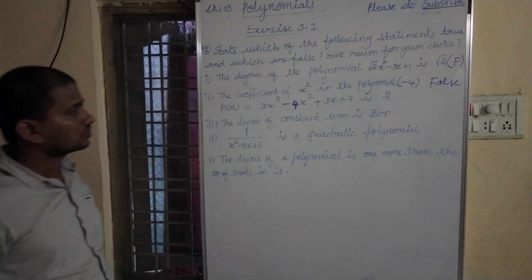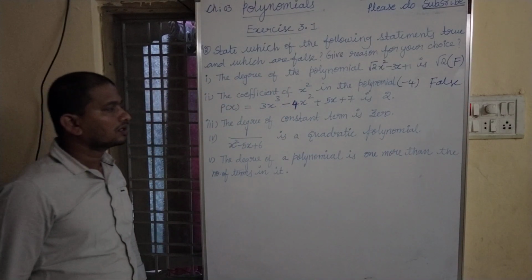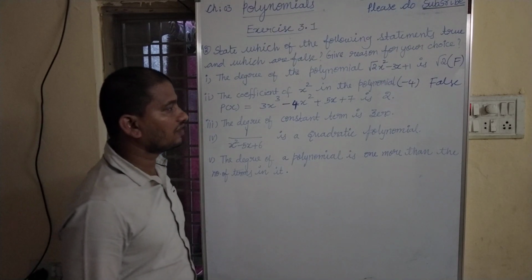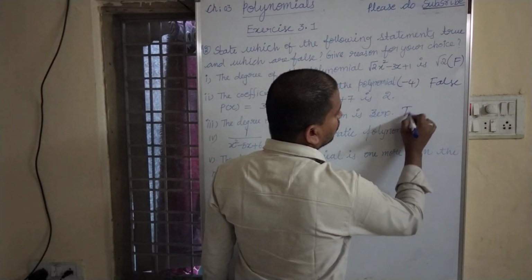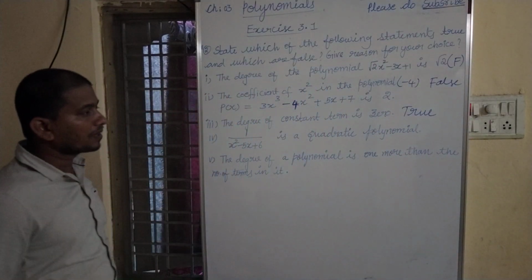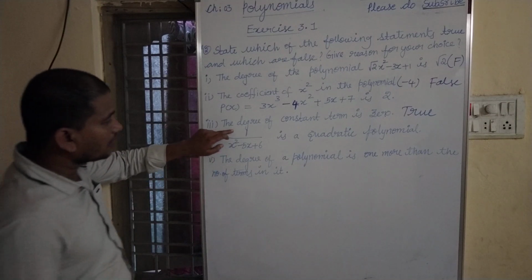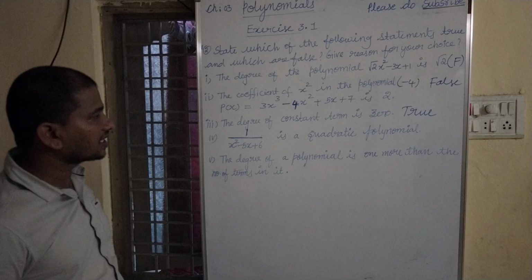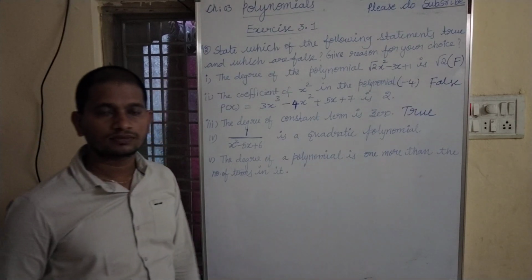Next, coming to the third statement, the constant term is 0. Coming to the fourth one, 1 by x square minus 5x plus 6 is a quadratic polynomial.